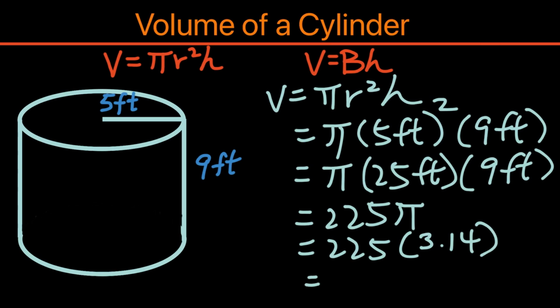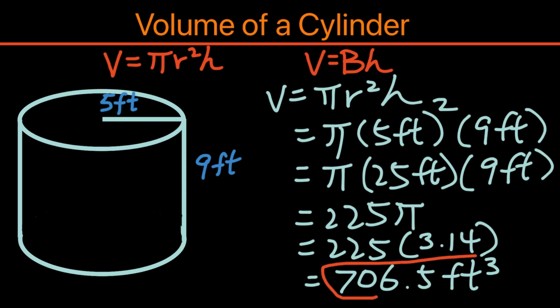And the answer would come out to be 706.5 feet cubed, or you can refer to that as cubic feet. Anytime that you're finding the volume of a figure, it would be in cubic format.